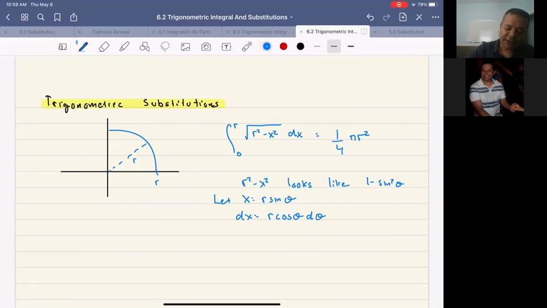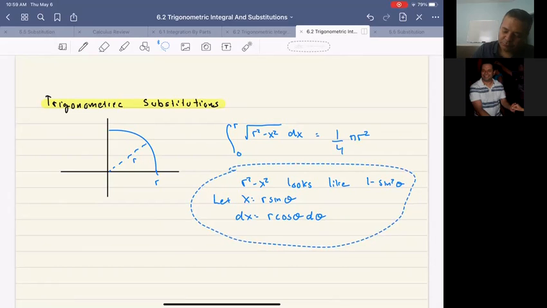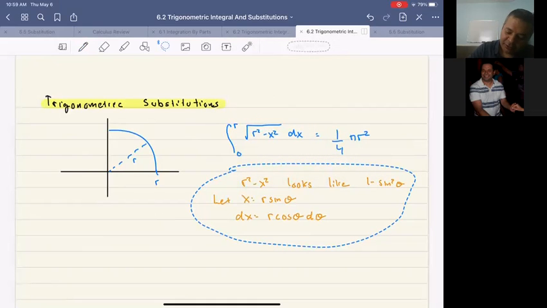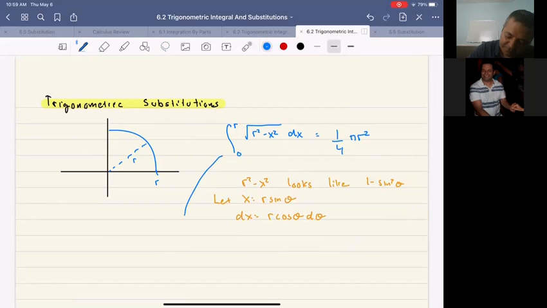Now let's put our integral through this machine. If x equals 0, when does r sine theta equal 0?